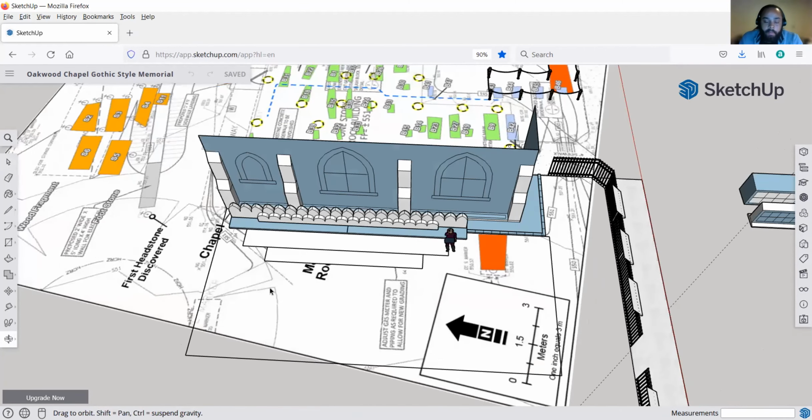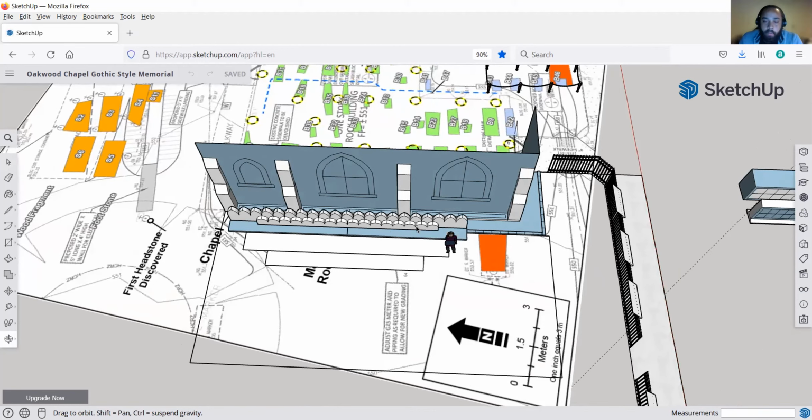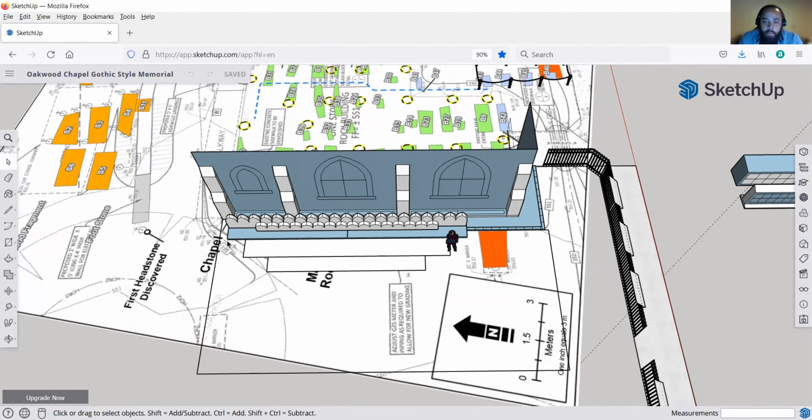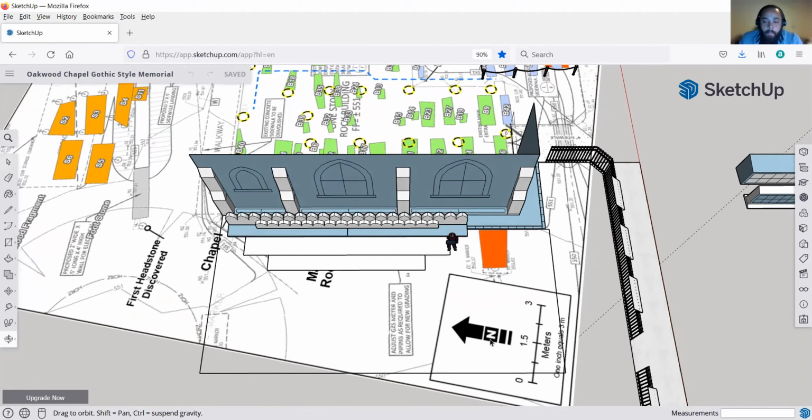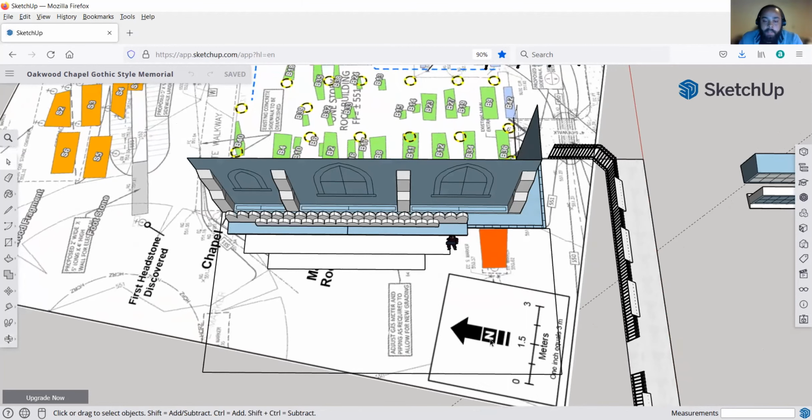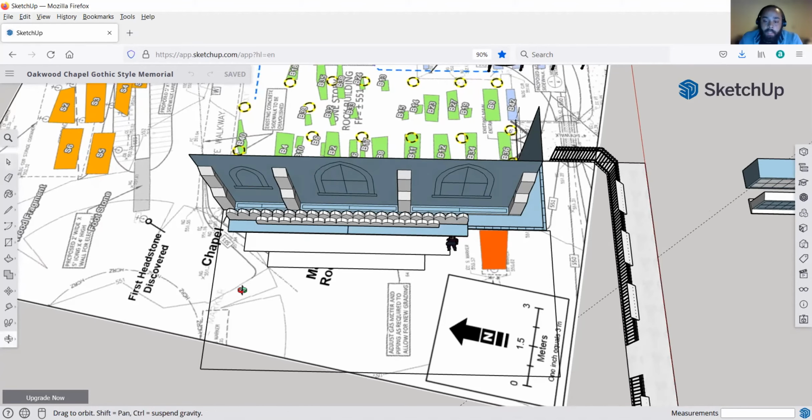And you compare that with right here what this monument would look like. Right here, this would be what the actual niche wall with remains would look like, the footprint it would take up. And so you're able to see how maybe this makes it a lot more likely to work out as far as space is concerned.